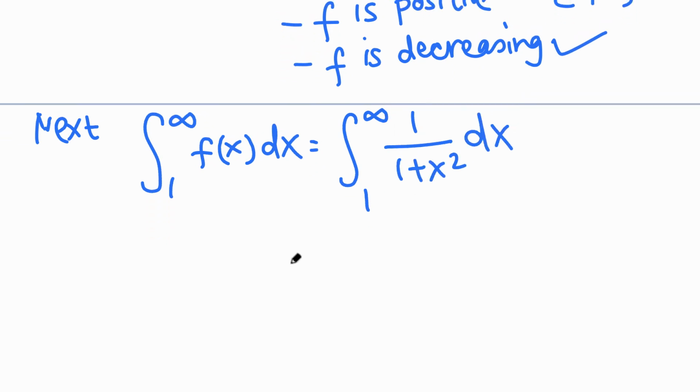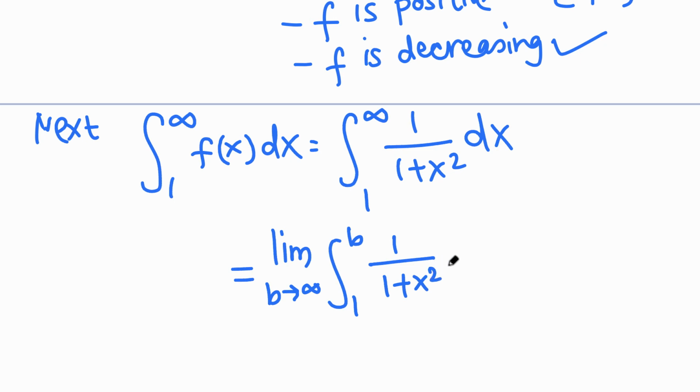Now this goes to infinity, so we cannot work on infinity, so we need to take a limit. Let's put the upper limit as b, and let b go to infinity. 1 over 1 plus x squared dx.